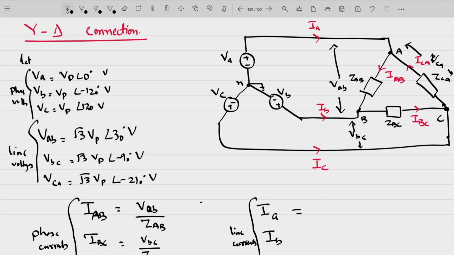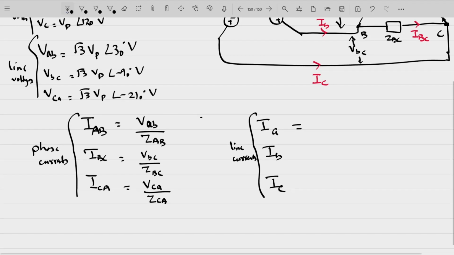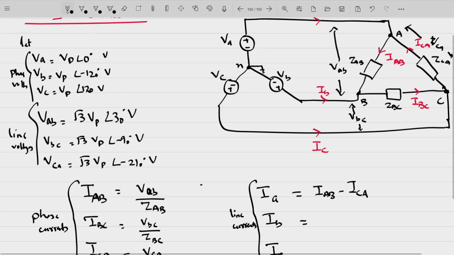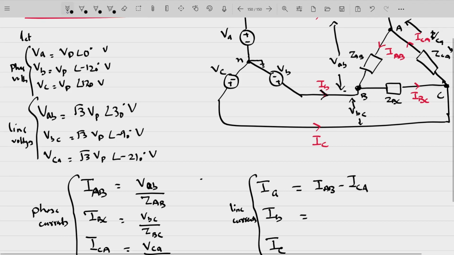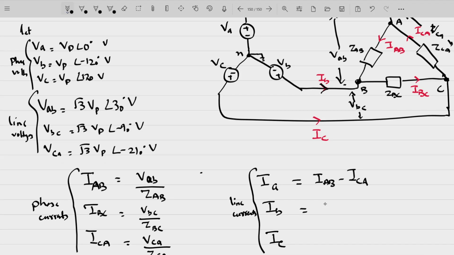IA will be equal to what? It is simply equal to IAB minus ICA. IB will be equal to what? It is the current in this particular branch, and by applying KCL at node B, IB is equal to IBC minus IAB.